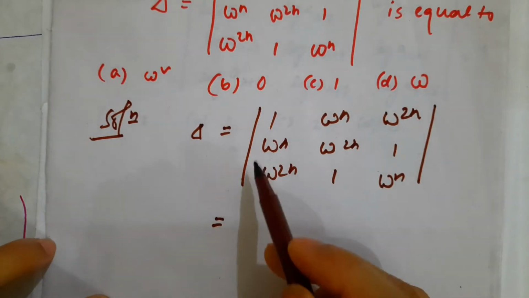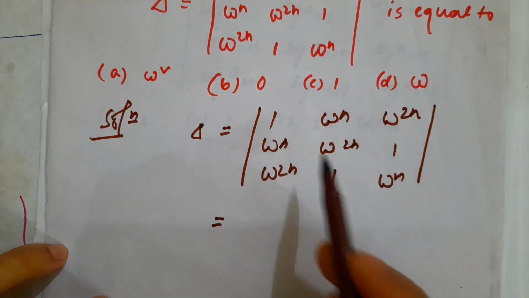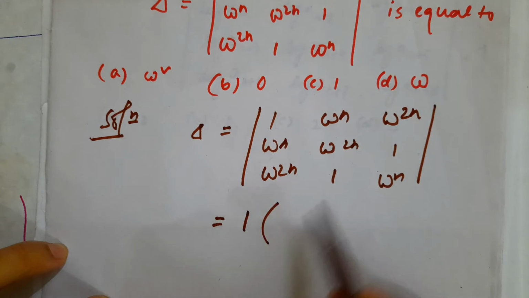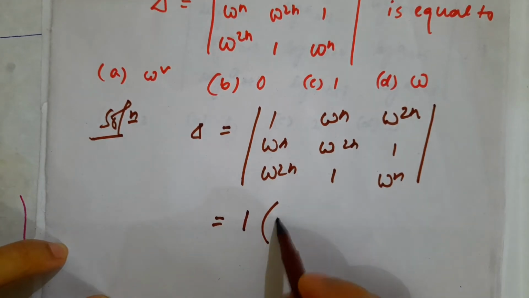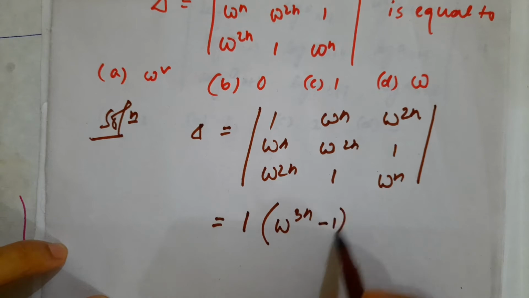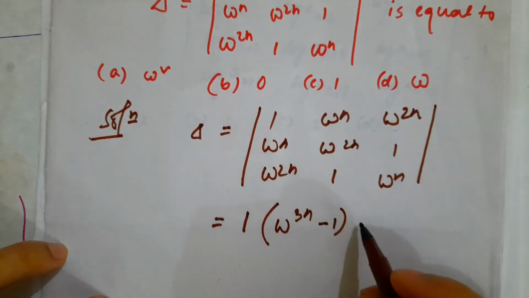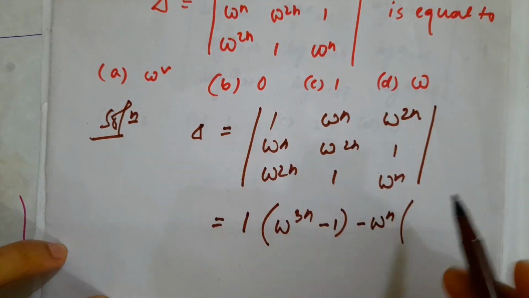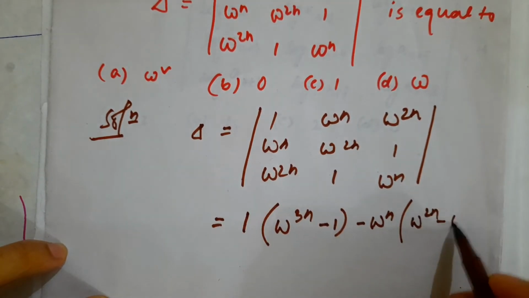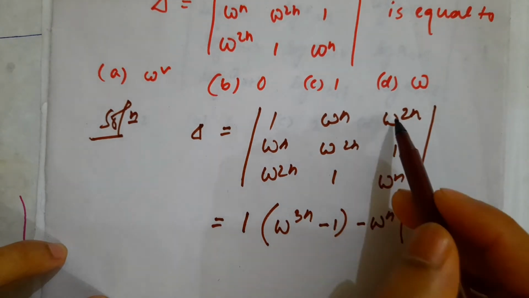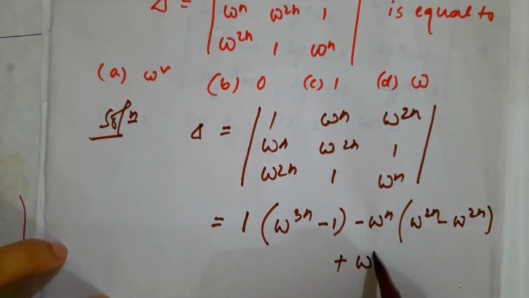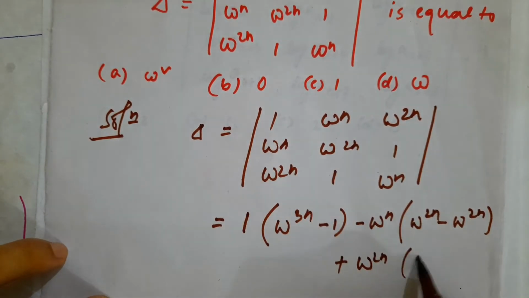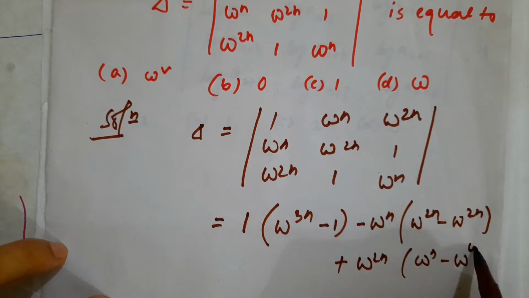You already know how to expand a determinant. First element 1, and the second element omega to the power 3n minus 1. Now we'll consider this one, minus omega n, omega to the power 2n minus omega to the power 2n. Now we'll consider this one, omega to the power 2n, so this omega n minus omega to the power 4n.